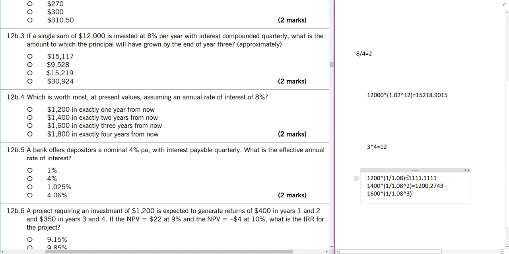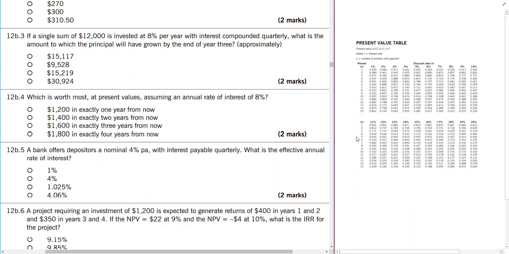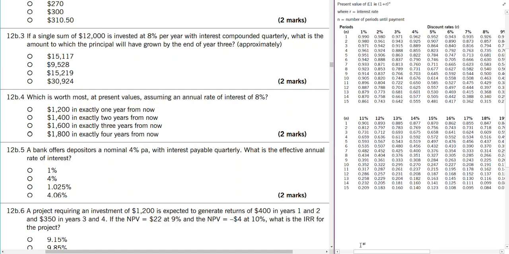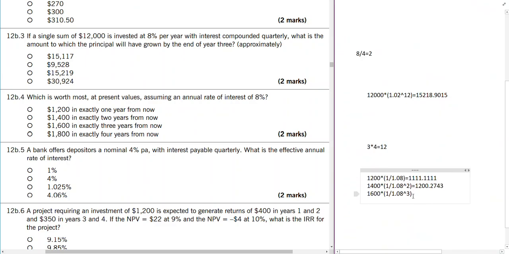Remember, you can take these discount factors from the table that is given, for first year, second year, third year, but for me it is easier to just calculate it. I make a habit of calculating it because it will help you in future papers as well.